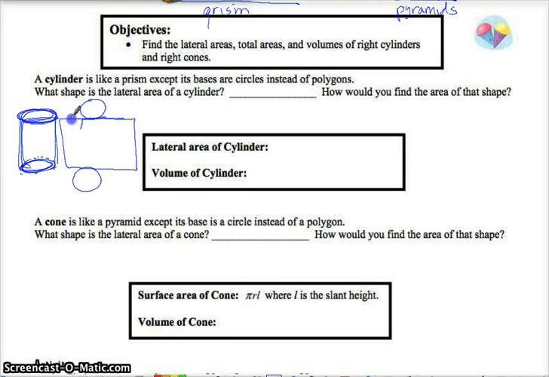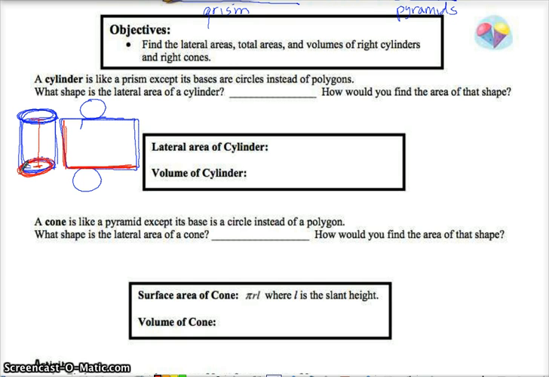It would become a rectangle, right? That would become a rectangle where the height of the rectangle is this vertical altitude. But then the circumference around here, we just unwound that and it became this part. So my length across the bottom is the circumference of the base.